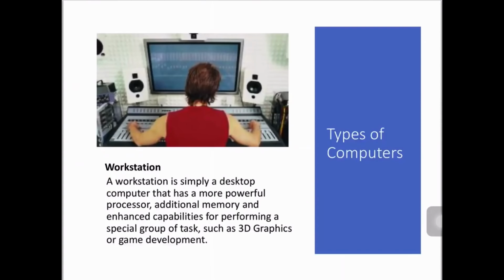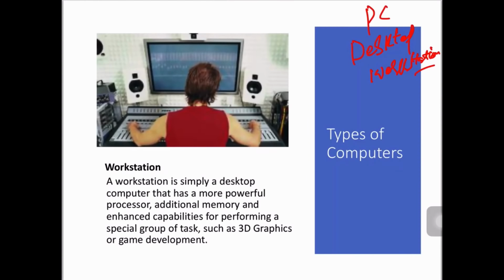Workstations. So we see the desktop, the PCs and workstations. All three have in common that these computers are stationed somewhere. You cannot take them in your bag and move from one place to another.